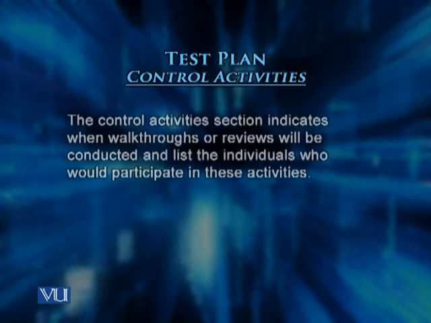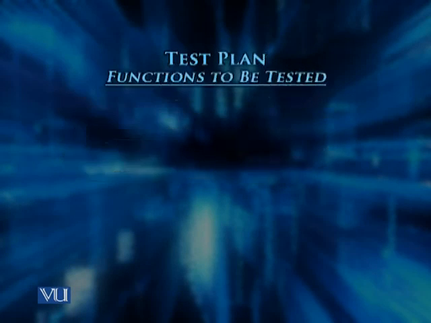This section indicates when walkthroughs or reviews will be conducted and lists the individuals who would be participating in those activities. The next section of the test plan is functions to be tested.